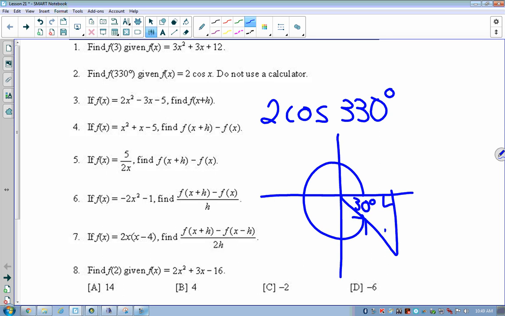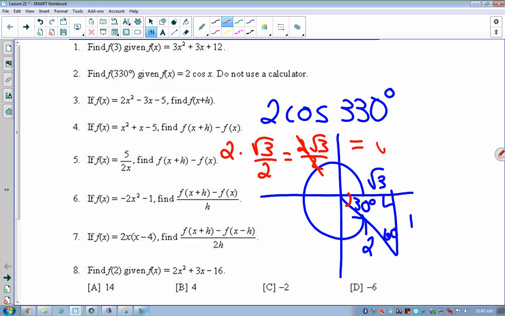I have a 30, 60, 90 triangle, so my ratios are 1, 2, and radical 3. The cosine, based upon my reference angle, is adjacent over hypotenuse, so I get radical 3 over 2. So I have 2 times radical 3 over 2, which is 2 radical 3 divided by 2. My 2's cancel out, and I get just radical 3 as an answer.